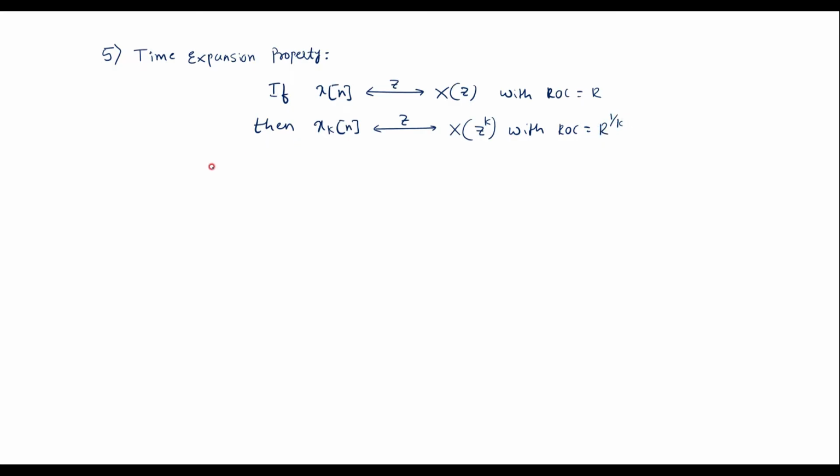So in this definition, xk of n is equal to x of n by k if n is an integer multiple of k, and its value is equal to 0 otherwise.